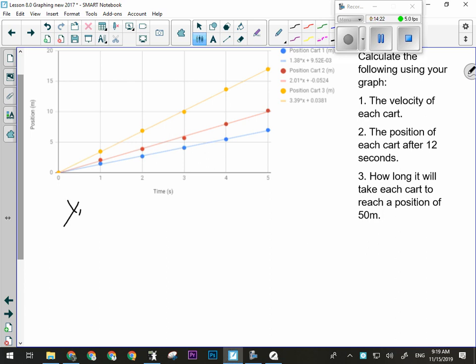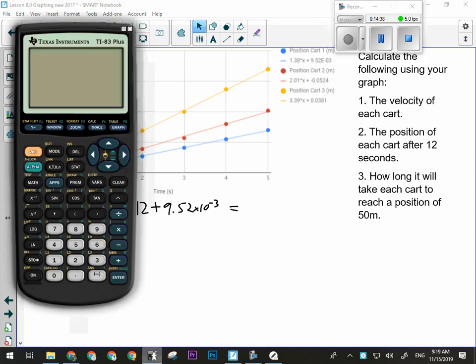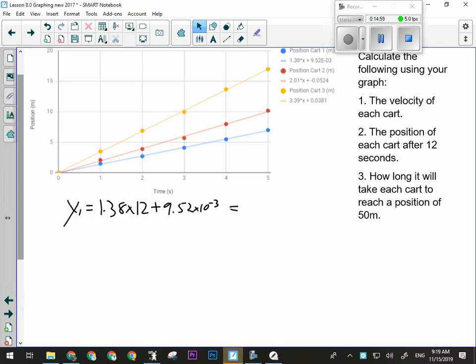So the y value for cart 1 is going to be 1.38 times 12 seconds plus 9.52 times 10 to the minus 3, so 1.38 times 12 plus 0.00952. My position after 12 seconds for cart 1 is going to be 16.6 meters.